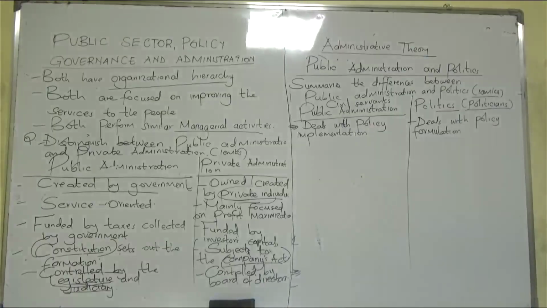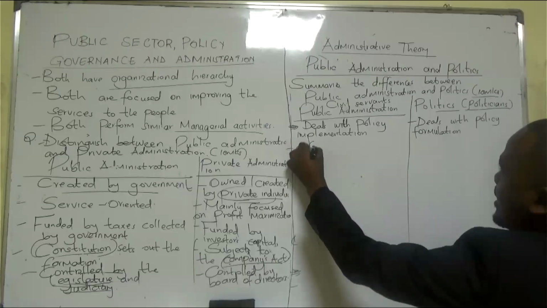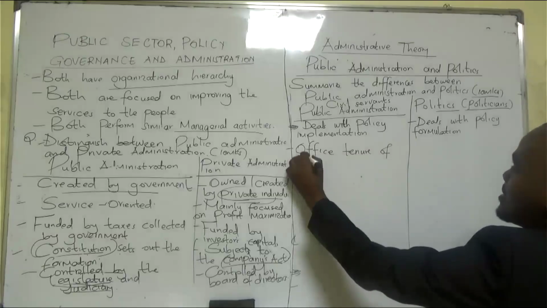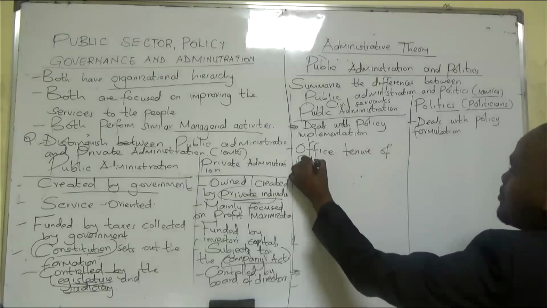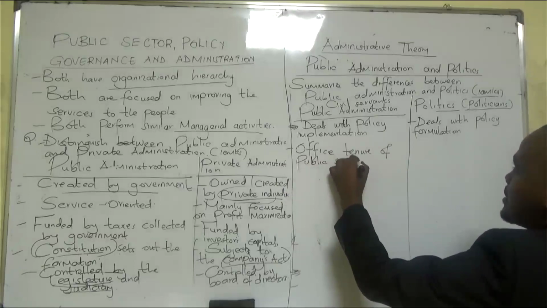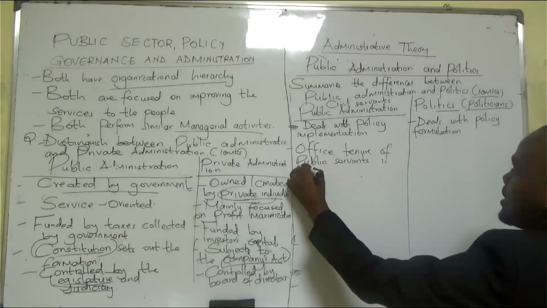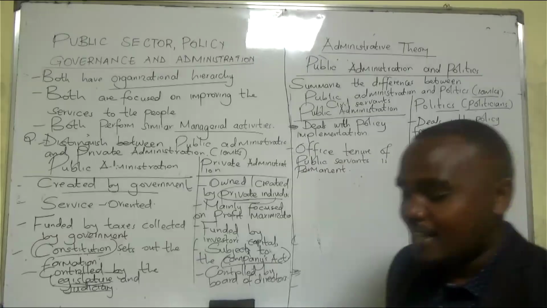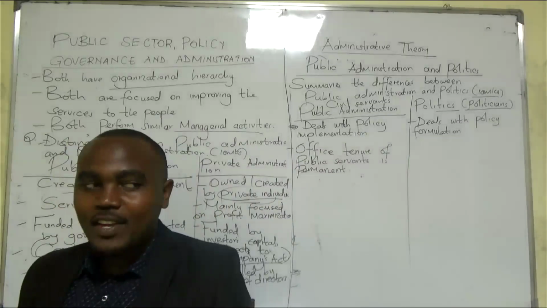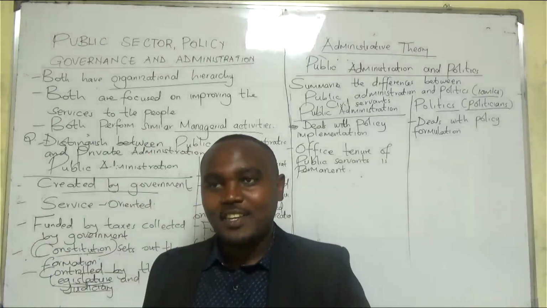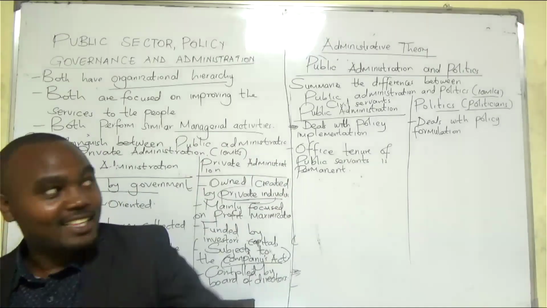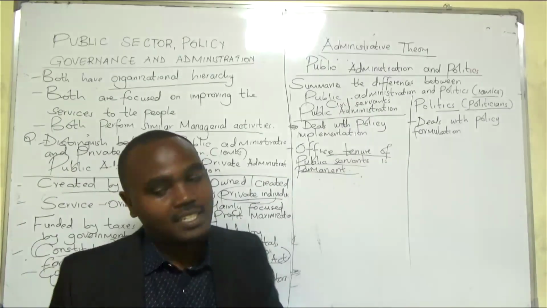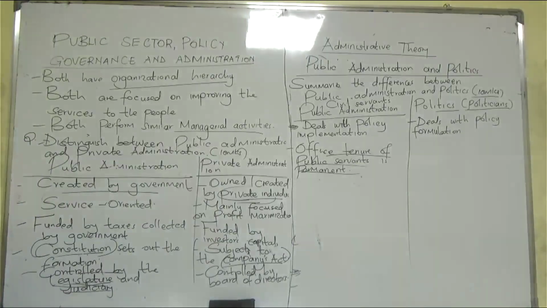Say, the office tenure. The office tenure of public administration, or of the public servants, is permanent. We are 100% sure that everyone here has been given that advice. Please try your level best to join the government. Why? You are assured of your work. The office tenure of the civil servants is permanent. What about for the politicians?